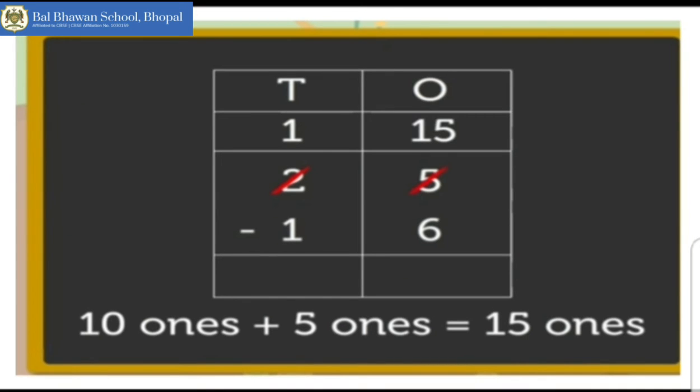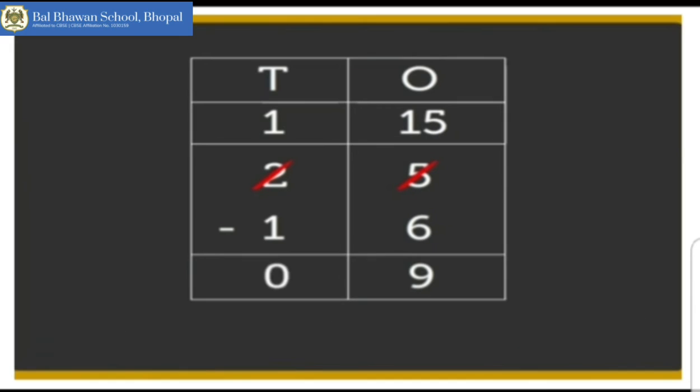Now next, this 5 will take this borrow and it will become 10 ones plus 5 ones, and it will be 15 ones. Now this 5 will become 15. Okay, now next step is, now we will subtract. Now see the digits at the ones place. Now the digits are 15 and 6. Now the number at the top is bigger than the number written under it, that is, 15 is greater than 6.